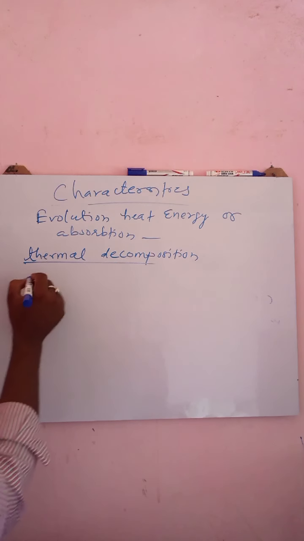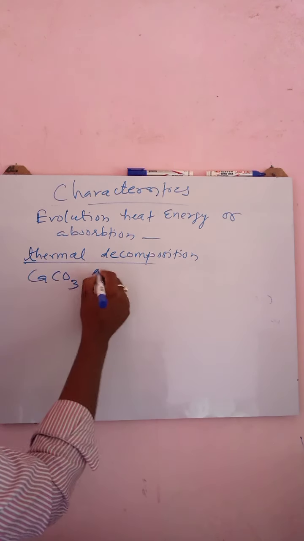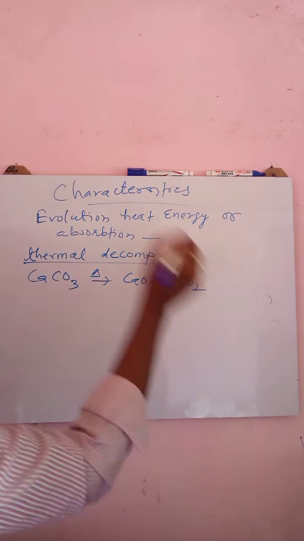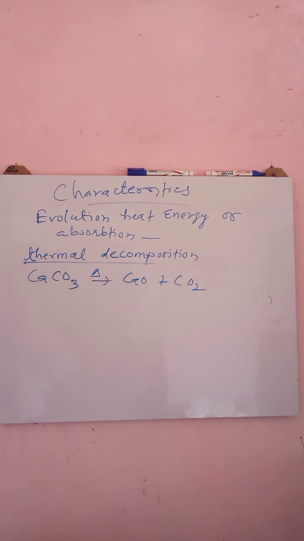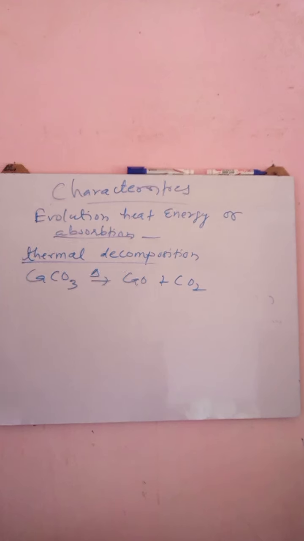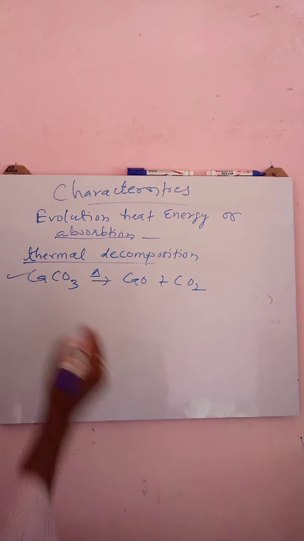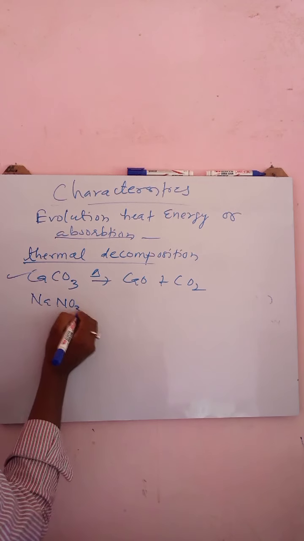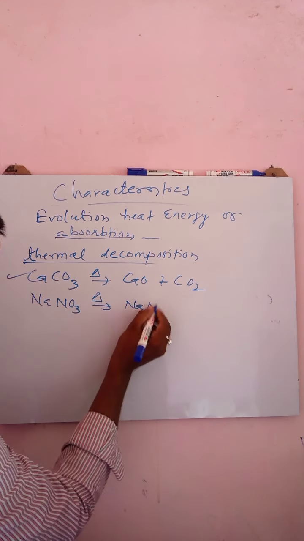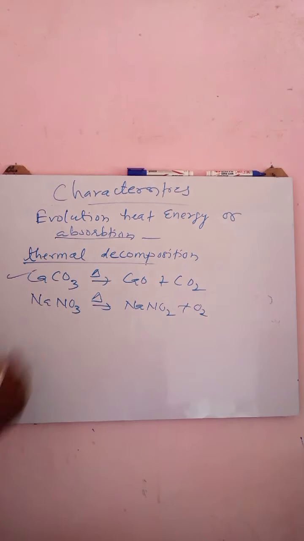For example, calcium carbonate, when heated, forms calcium oxide plus CO2 gas. Heat is required, means absorption of heat energy took place here. Another example: when sodium nitrate NaNO3 is heated, it forms NaNO2 plus O2. This reaction also absorbed energy to form sodium nitrite and oxygen gas.